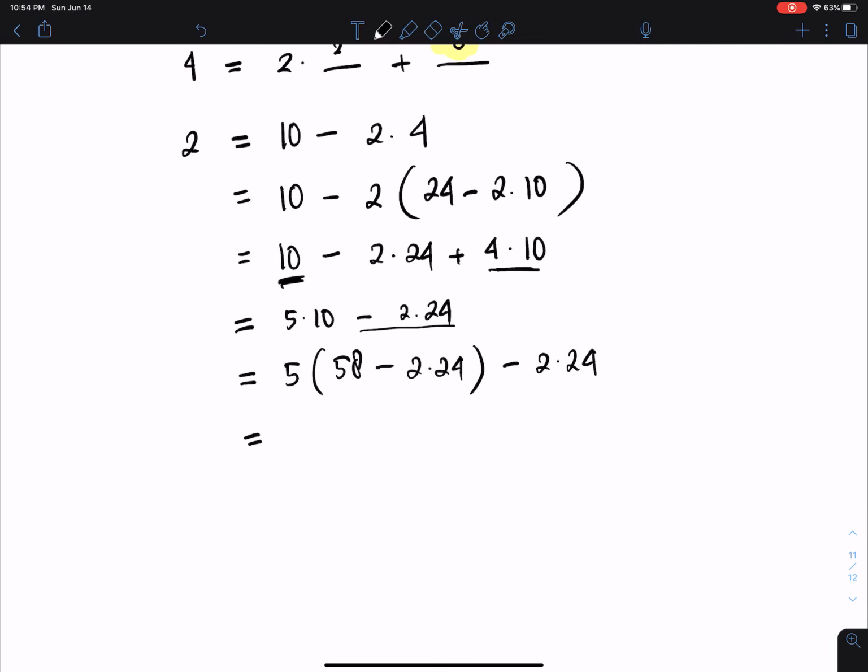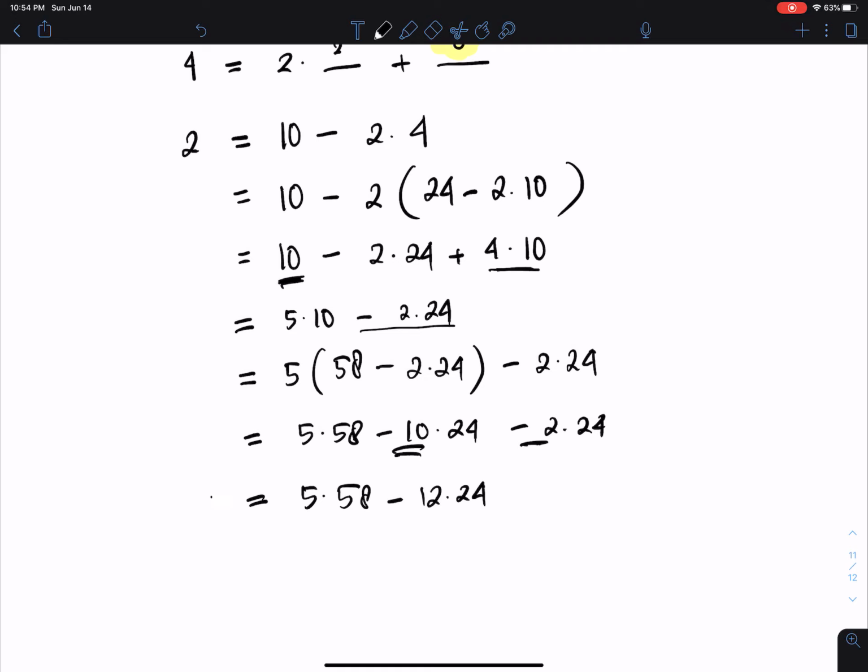So we have 5 times 58, then 5 times minus 2, we get minus 10 times 24, and then here is minus 2 times 24. So what we have here is 5 times 58, and minus 10 minus 2, we get minus 12 times 24.